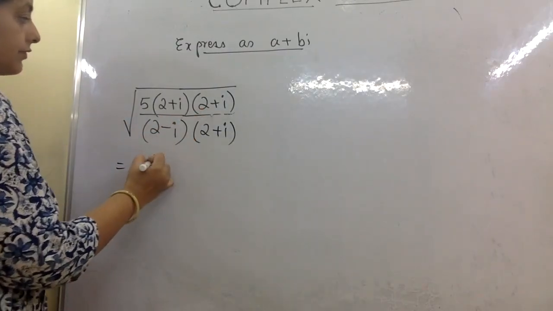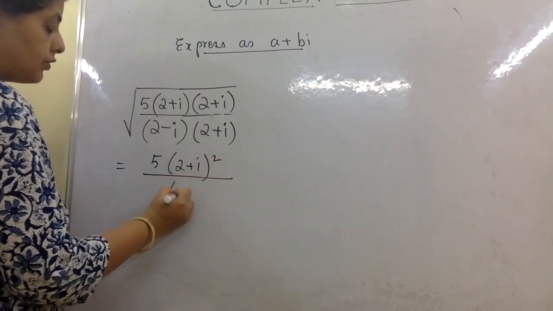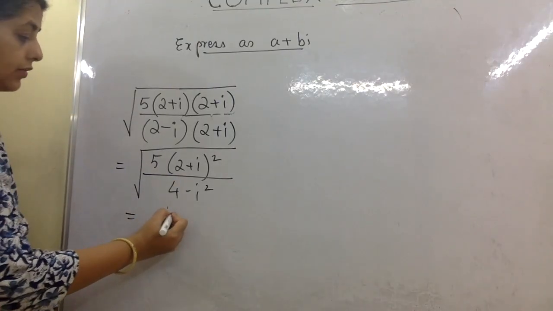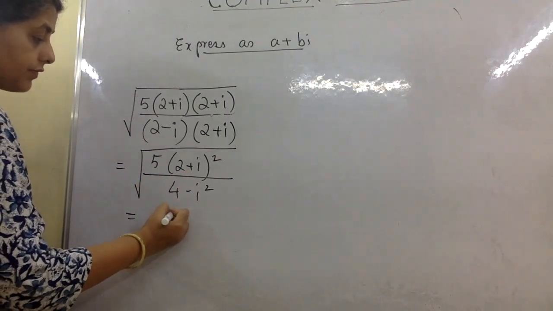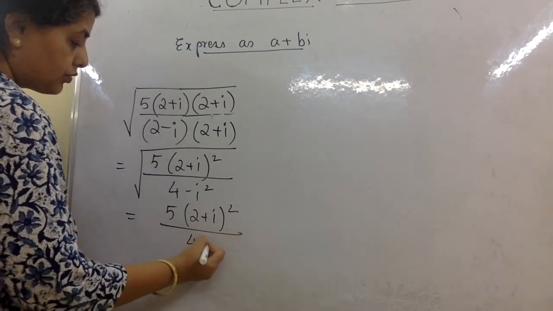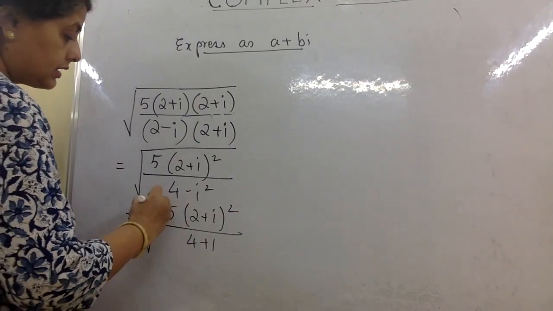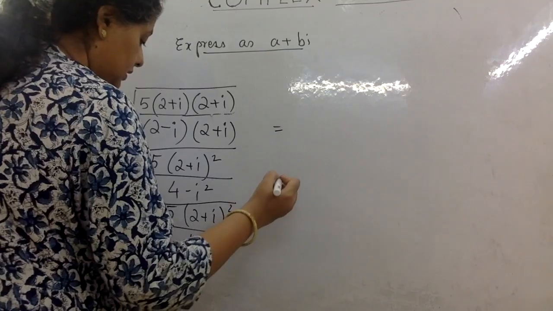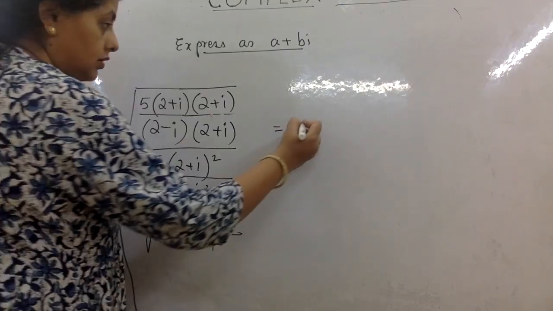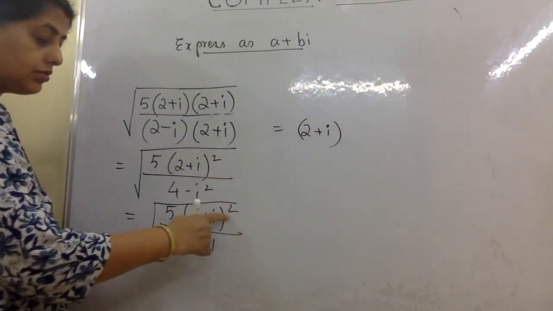So now 5, 2 plus i square, over 4 minus i square, under a root. Now this comes out as 5 times 2 plus i square over 4 plus 1, because minus and minus. 2 plus i comes out of the root sign because it is already a whole square.